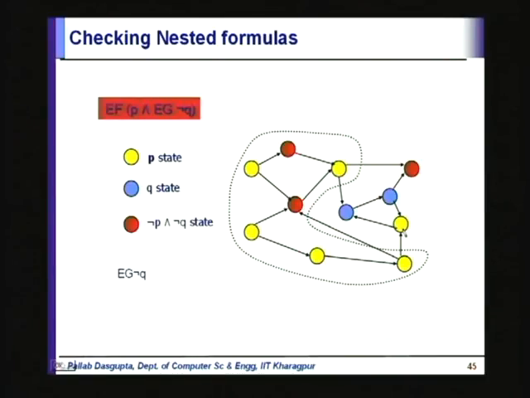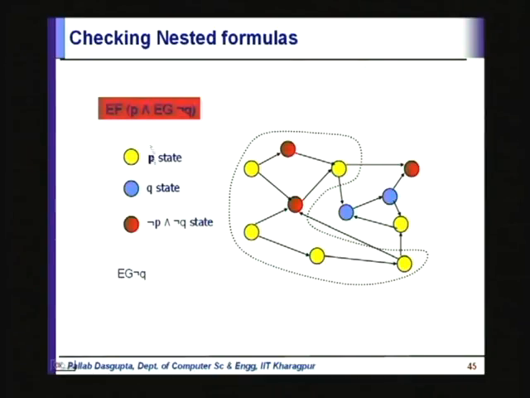This one is not in a cycle containing not Q, because it has to go to these blue states. Also this one is not in a loop containing only not Q states. So this is the set of states that we arrive at by computing EG not Q.